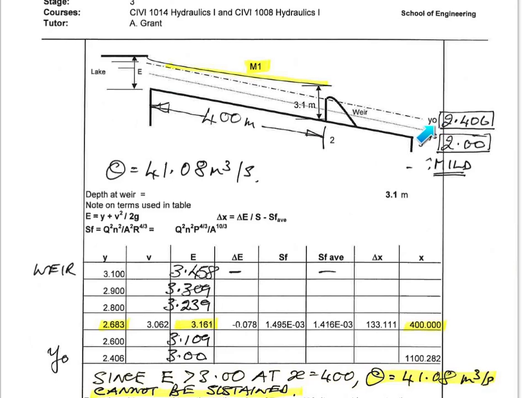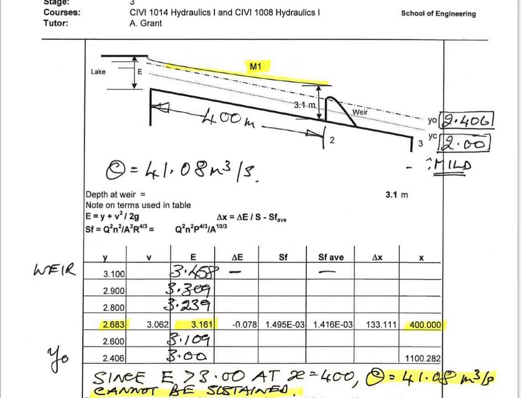So we've decided it's a mild slope, we've calculated the normal depth, 2.406. We see that the depth we're told we get behind the weir is bigger than that. That means the flow has been pushed up into zone 1 of a mild slope, so we get an M1 profile back upstream.